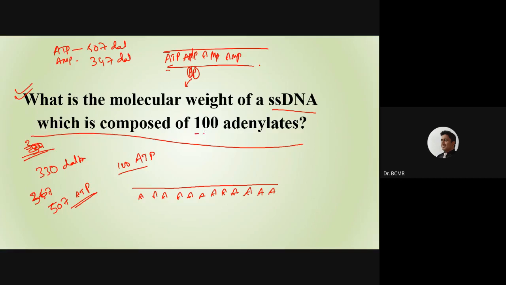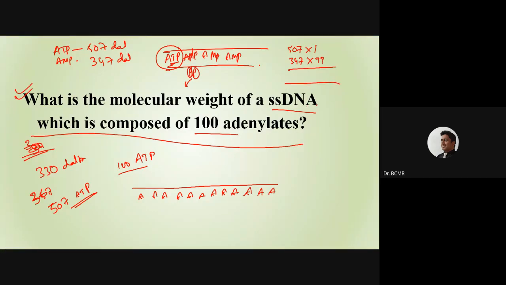So if you had 100 adenylates that have polymerized into one single strand DNA, the first one would have been ATP. So you will have the molecular weight of 1 ATP, 507 into 1, and the remaining are 99, that is 347 into 99. That should give you the total molecular weight of the single stranded DNA.